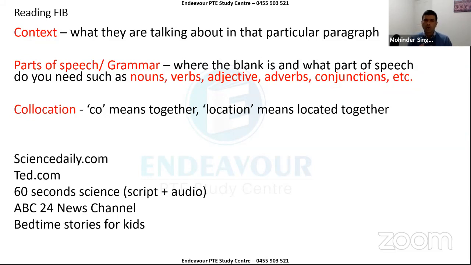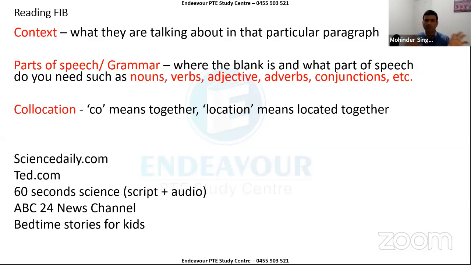So for certain contexts, there are certain words which collocate with each other. So we have to keep in mind the collocations. Now, as a non-native speaker, even I wasn't aware about collocations before I started teaching PTE. I knew what it is, but I didn't have any idea that this is something we call collocations.